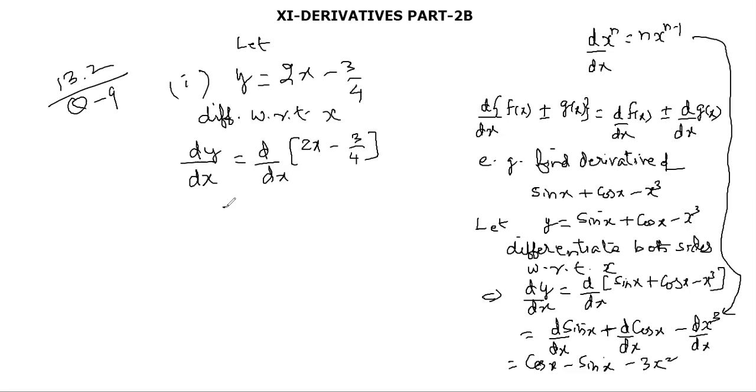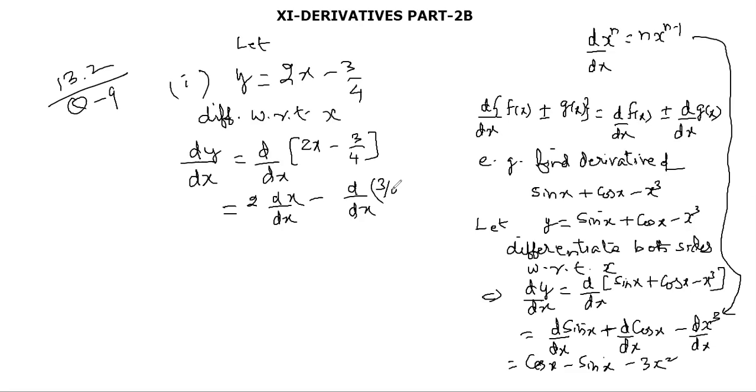So as per the rule, d by dx will go inside, and I told you two rules are applied. One, if it is a constant, the constant can be taken out of the derivative, and the derivative will go inside: 2 times d by dx of x minus d by dx of 3 by 4.